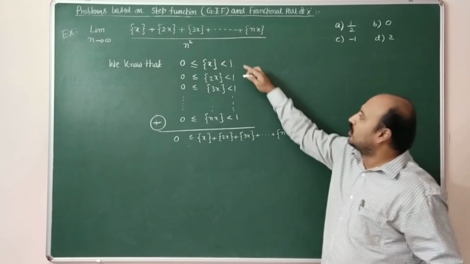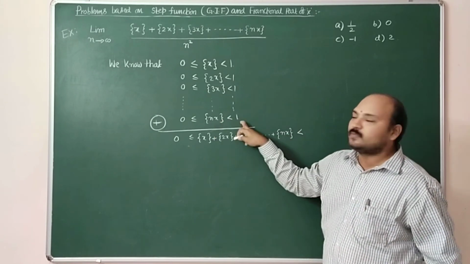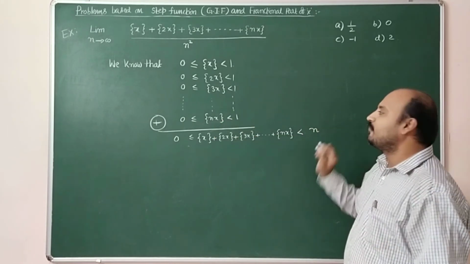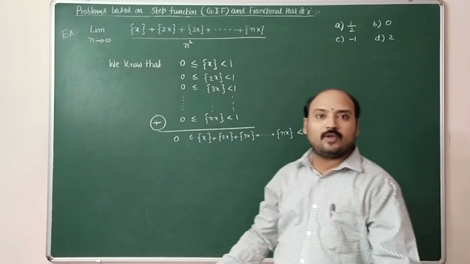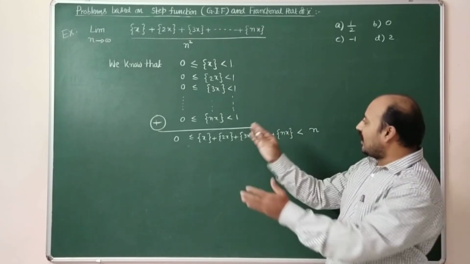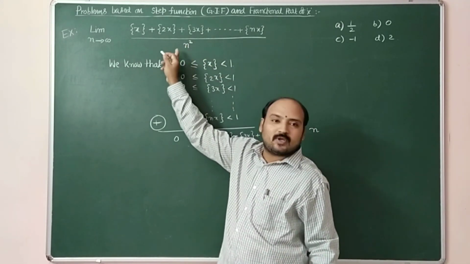So 1 plus 1 for 2 terms is 2, for 3 terms it is 3, and so on, for n terms it will become n. So the sum of fractional parts lies between 0 and n. But the denominator is n square, no?